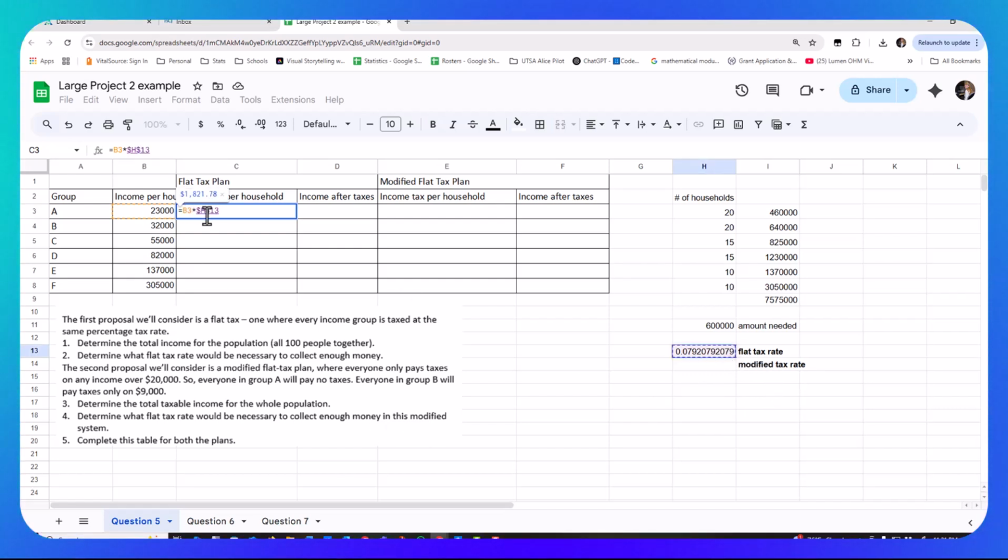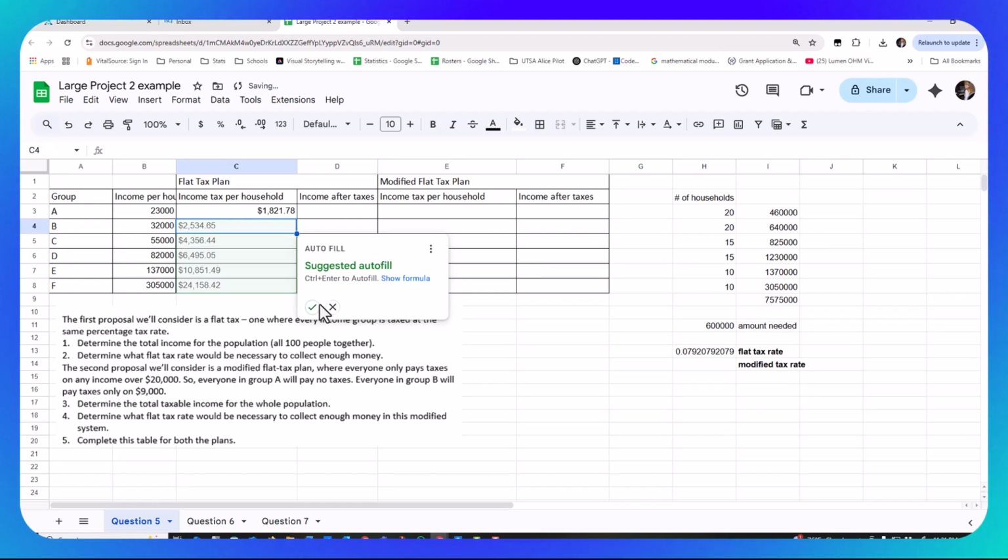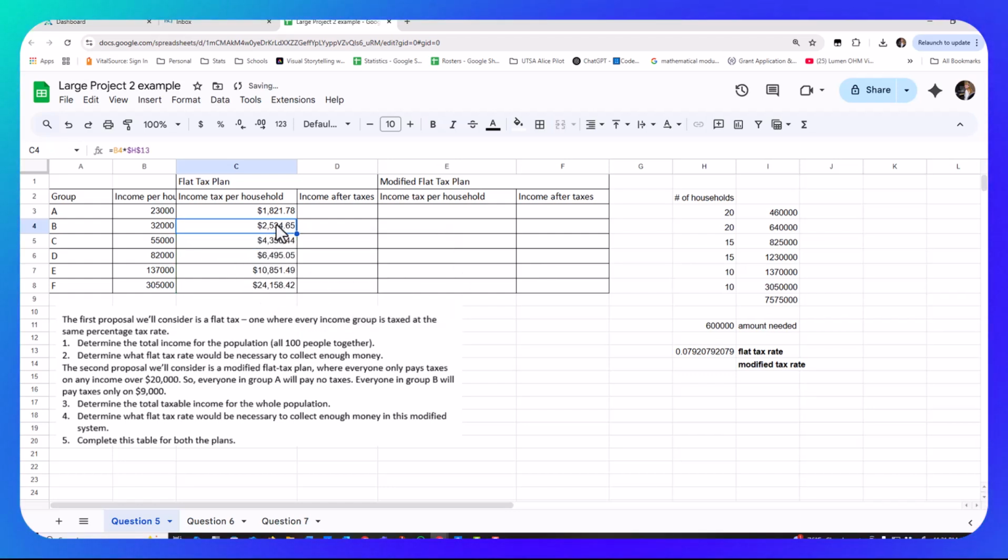Now I'm going to use dollar signs for absolute reference, so this way I can copy this formula. So I'm taking 23,000 times this flat rate. And I can suggest to fill these in, because then the next one is taking 32,000 times the tax rate. The next one is taking 55,000 times the tax rate, and so on.